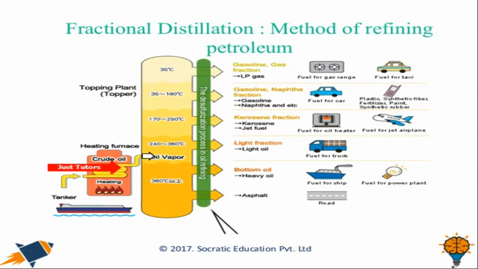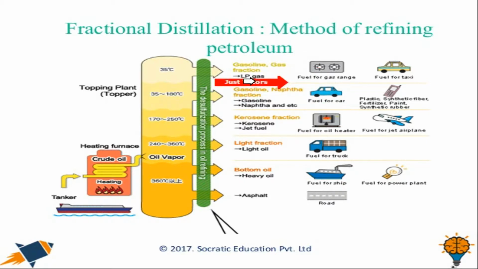So you can see here the oil vapor comes inside it, and at different temperatures we get different things, like at 35 degrees Celsius we can see there is LPG, and in this temperature range we have gasoline and naphtha. Like this we get different substances, and these different substances are used for different purposes.